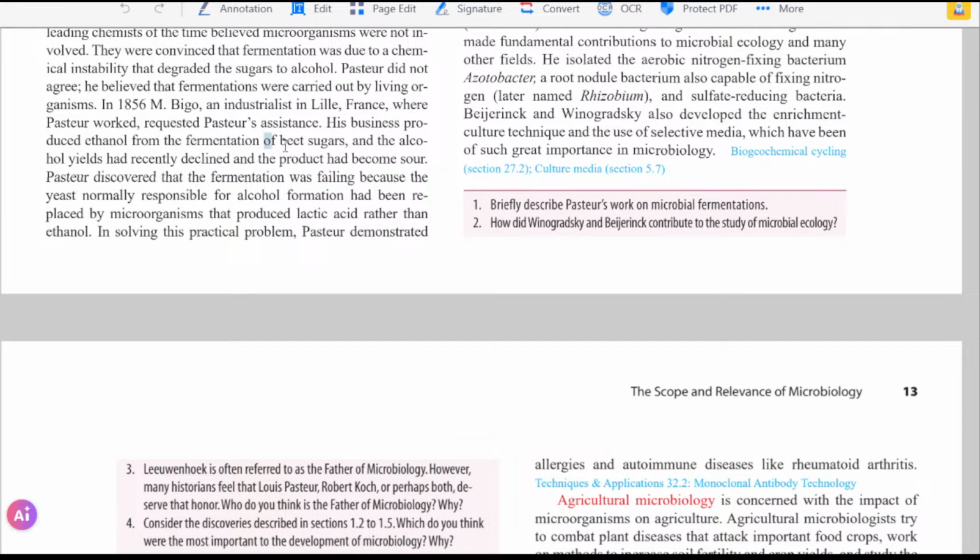So he changed his temperature, pH, and these kinds of things for the process, and then his beet sugar fermentation produced the liquor, or you can say beer, which he usually would produce. And of course Pasteur was the first one to tell people that microorganisms were the ones responsible for fermentation.